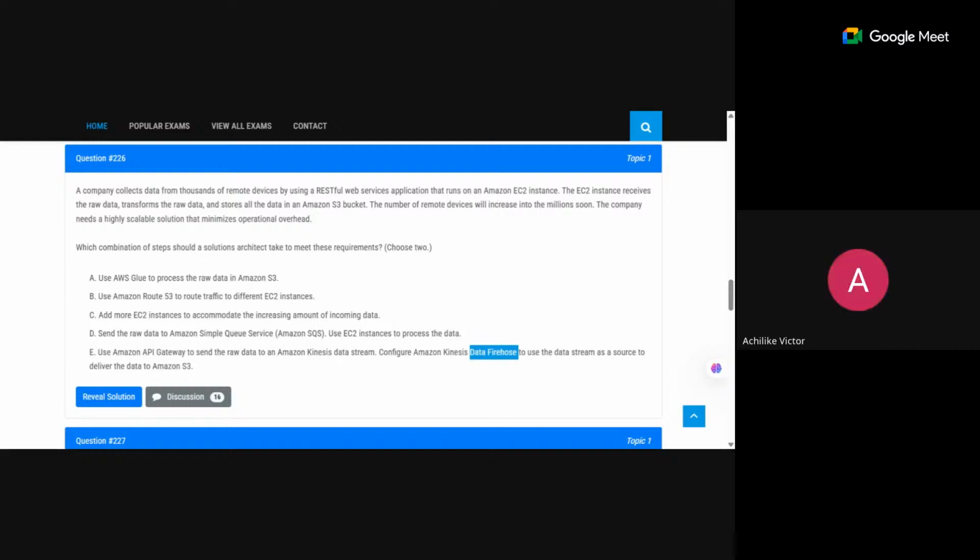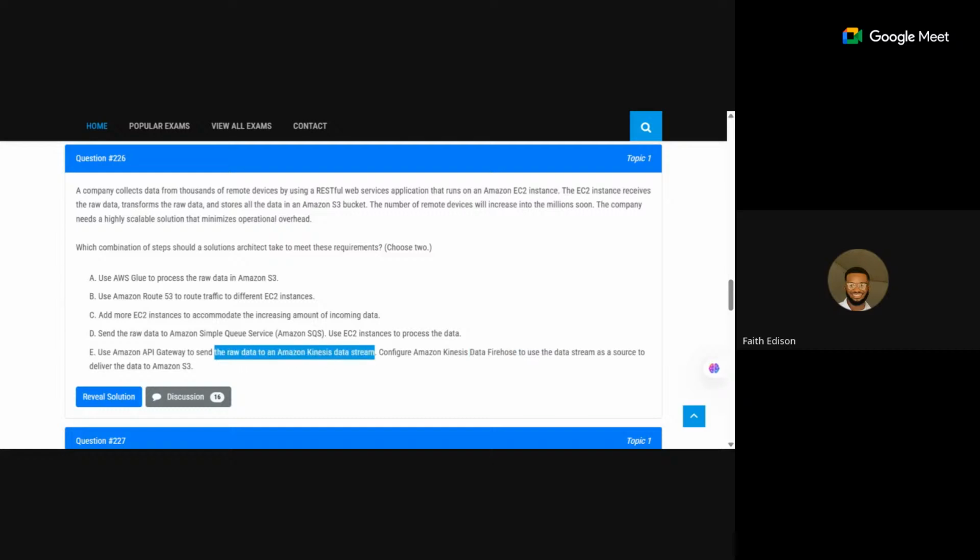Right? What do you mean? Yeah, sorry. So the Kinesis data firehose, once it's configured to use the data stream as a source, is now going to be delivering that transformed data that we just spoke about here. Send the raw data to Kinesis data stream.